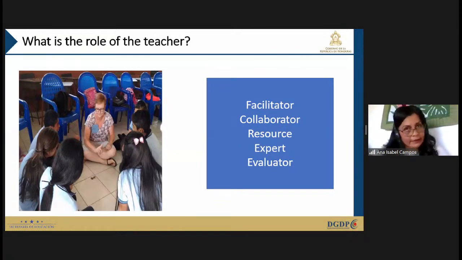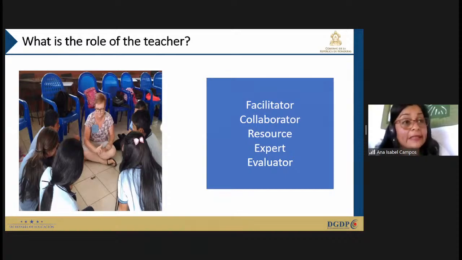When we are presenting a grammatical structure, for example, when we are explaining a grammatical point, we become experts. When we are talking about the meaning of the words, the use of the words, of vocabulary, we become experts. We are facilitators.